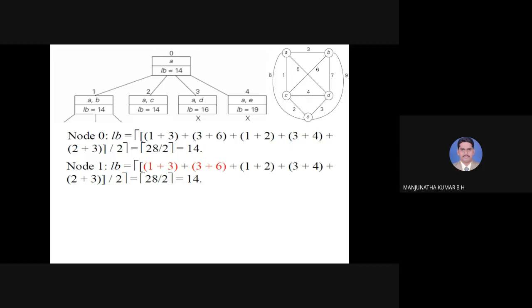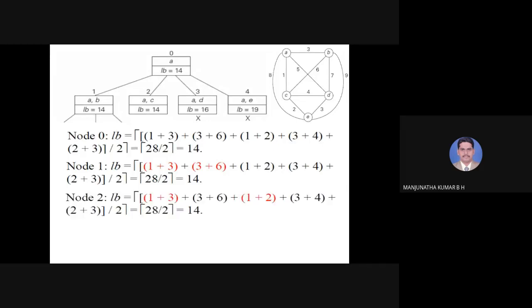The smallest distance was 3 and it was connected to A only. So 3 plus the next smallest distance, 6. That 6 is written here for B. For C no changes, 1 plus 2, D 3 plus 4, E 2 plus 3. Add these numbers and you will get 28, divided by 2 is 14. So LB of node 1 is also 14.